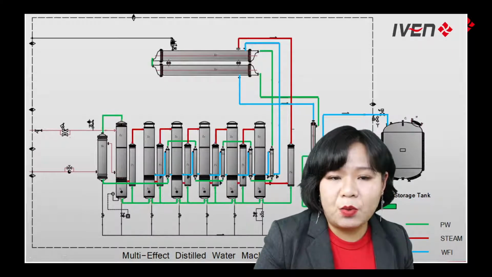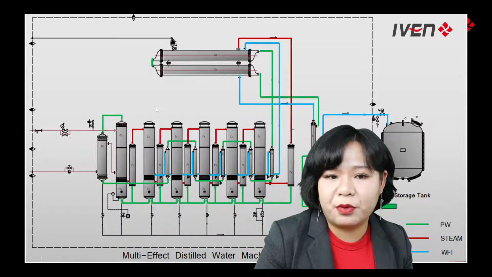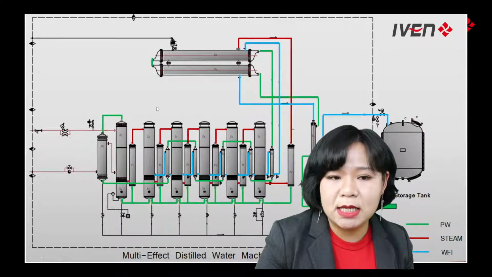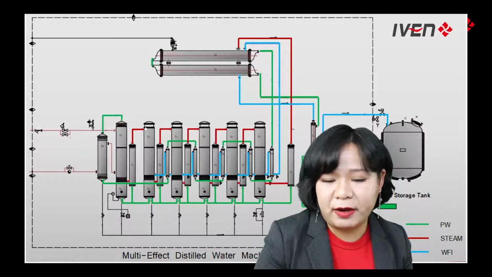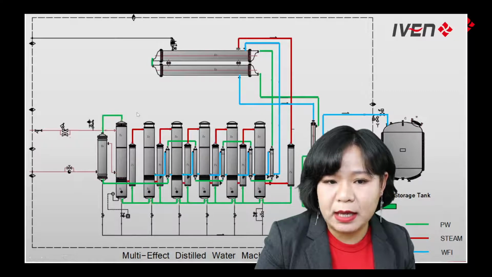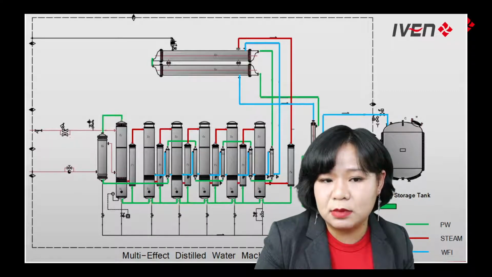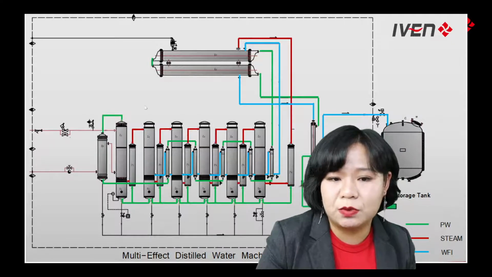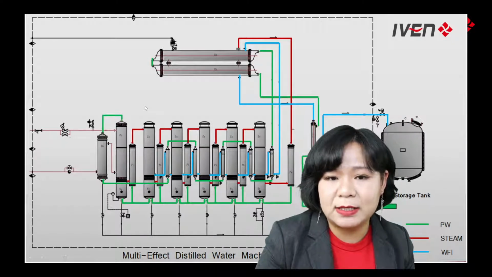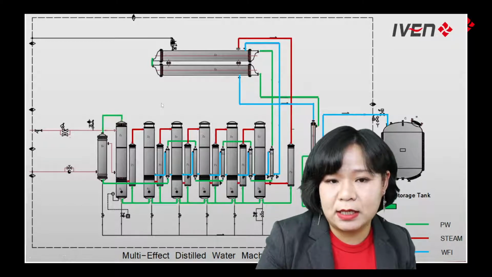Generally, we use industrial steam as the heating source to heat and evaporate the purified water into purified steam, and then we use chilling water to cool down the purified steam to collect the distilled water.